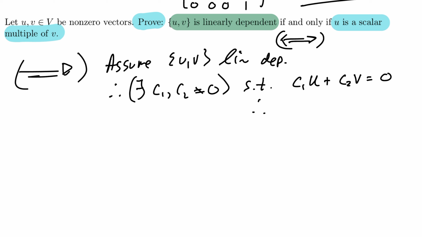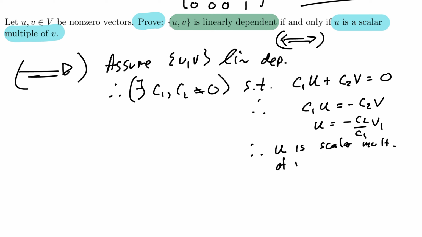But that implies that C1 U is equal to negative C2 V, which means that U is equal to negative C2 over C1 times V. And therefore, that means right away that U is a scalar multiple of V.